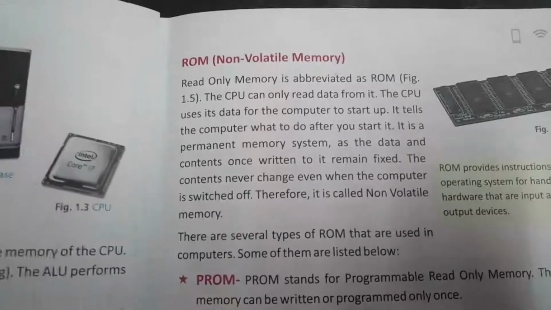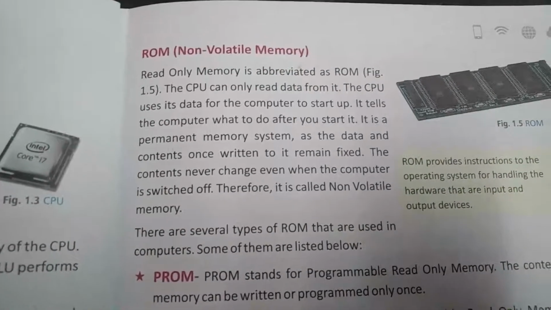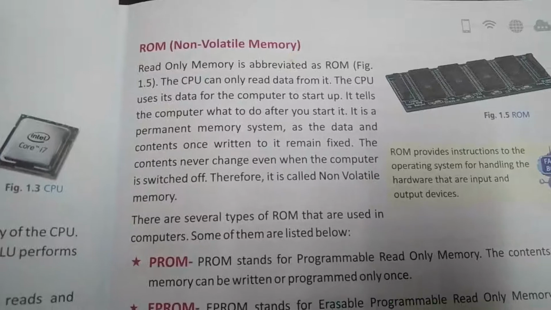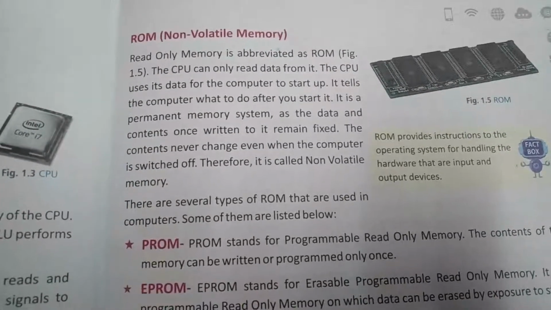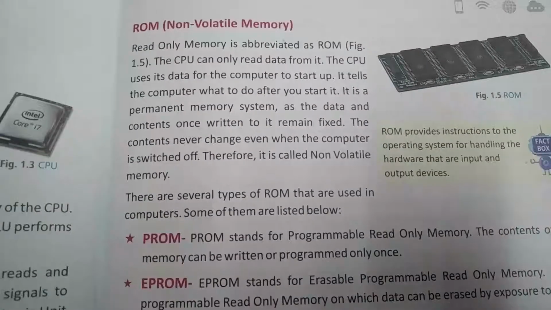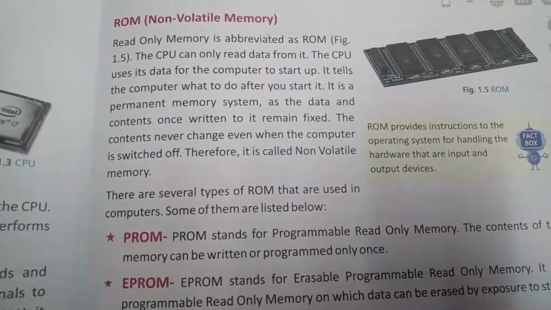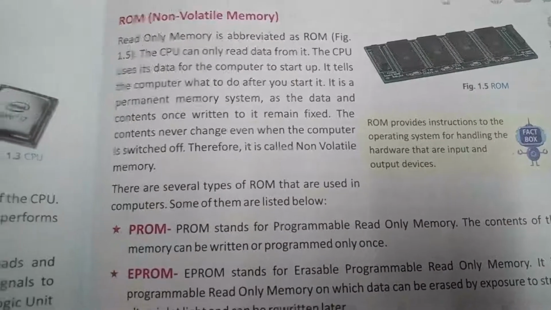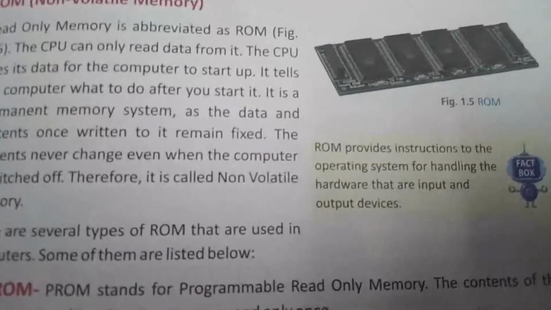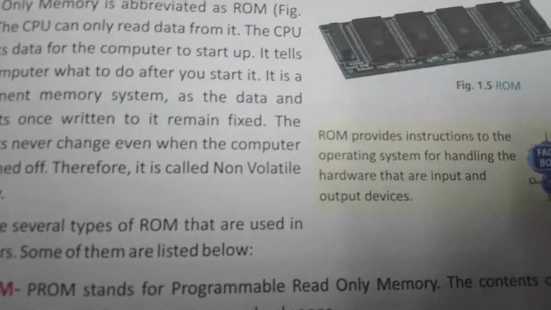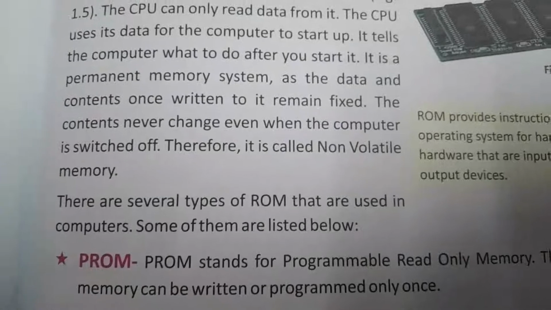So the CPU is reading data from here, and when the computer tells it to start up, then it starts, then waits for the next command. It is a permanent memory system, as the data once written to it remains fixed. Whatever we store here remains. So this looks almost like RAM, but this is permanent memory.